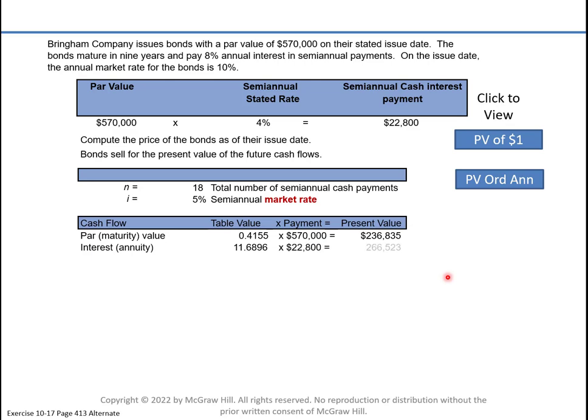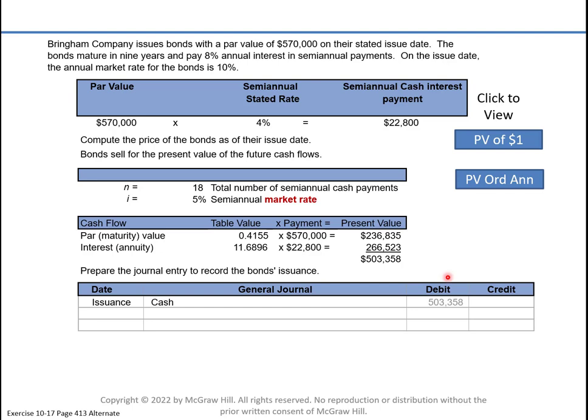Multiply that out, add it together, and this will give you the price that the bonds will sell at. The bonds have a par value of $570,000, but they're only going to get $503,358 in cash when they sell it. So there's our debit to cash, credit to bonds payable. The difference is a debit to the discount account.